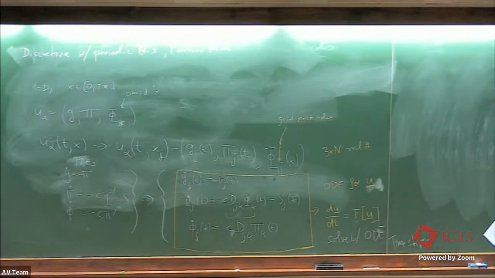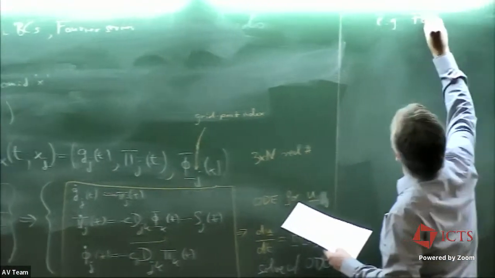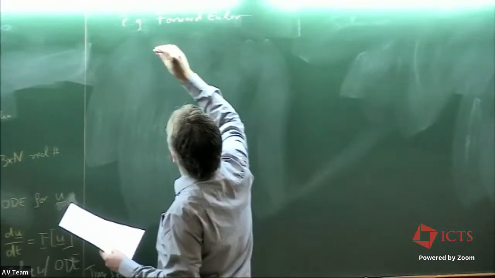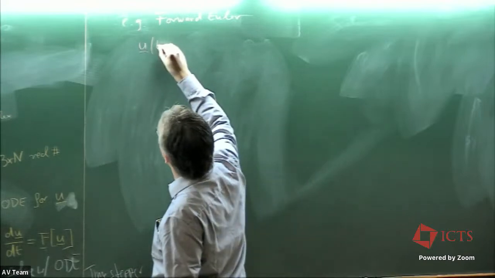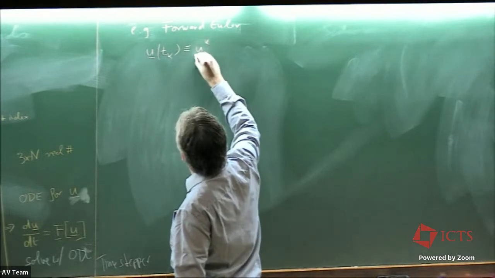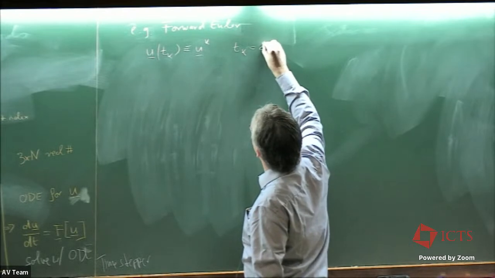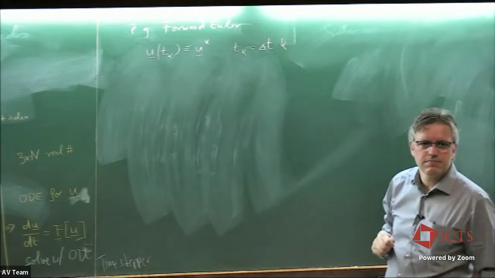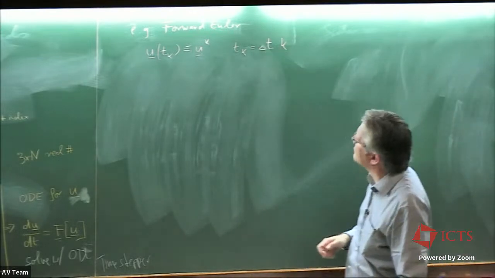And the quickest one you can write down, and the one you will never use again afterwards, is forward Euler. So we're writing our unknowns at time tk as u_k, and tk is just delta t times k. So we're doing uniform time steps. As k becomes larger, we're moving forward by delta t's.